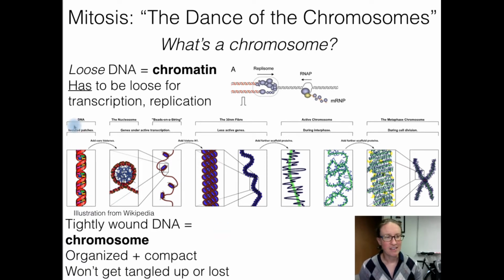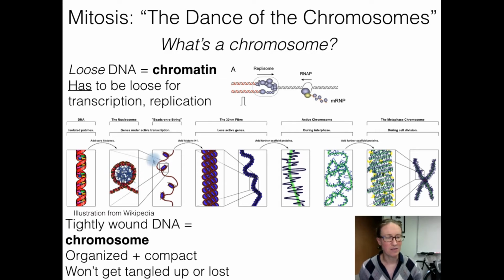So if we examine DNA on an initial level, there will be individual strands of DNA, composed of two anti-parallel strands. Those then get wrapped around a set of proteins called the core histone proteins. So that's the first layer of organization.